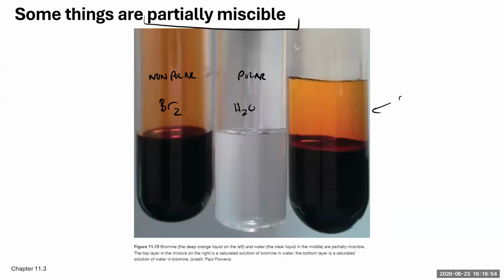You can see the brown color in water, and that came from the bromine transferring, mixing or being partially miscible with that water. So brown color, and that's the bromine, Br2, in water. So some things are partially miscible. So you have fully miscible, immiscible, and then partially miscible, which we have here.